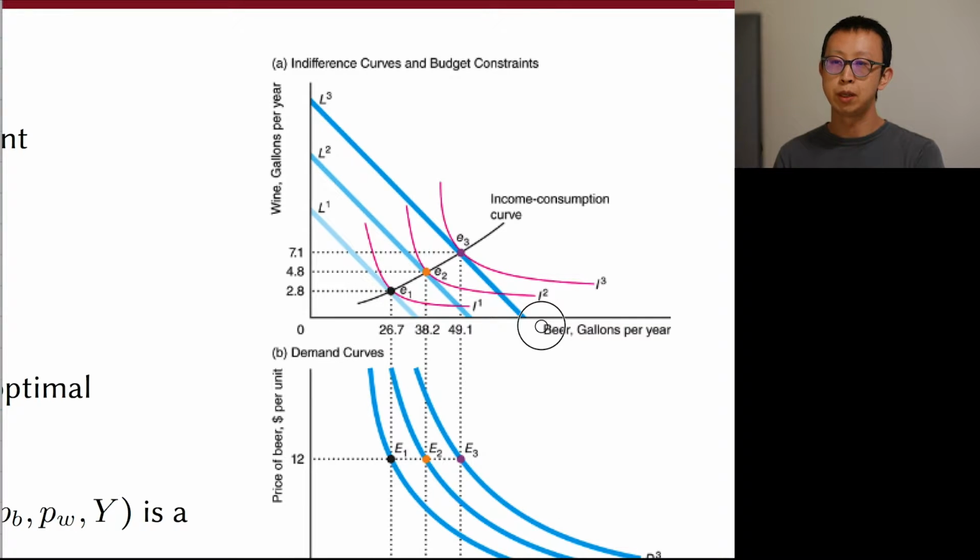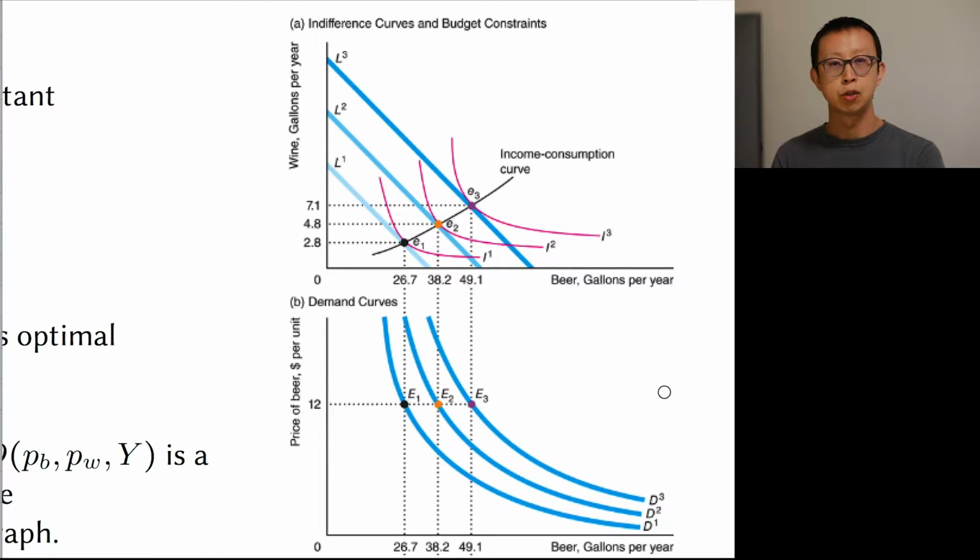We have quantity of beer on the horizontal axis and quantity of wine on the vertical axis. A slightly different way to represent this information is to think about how changes in the income/budget level affect the demand curve of one of these goods. In other words, how changes in income alter the relationship between the price of the good and its quantity of demand.